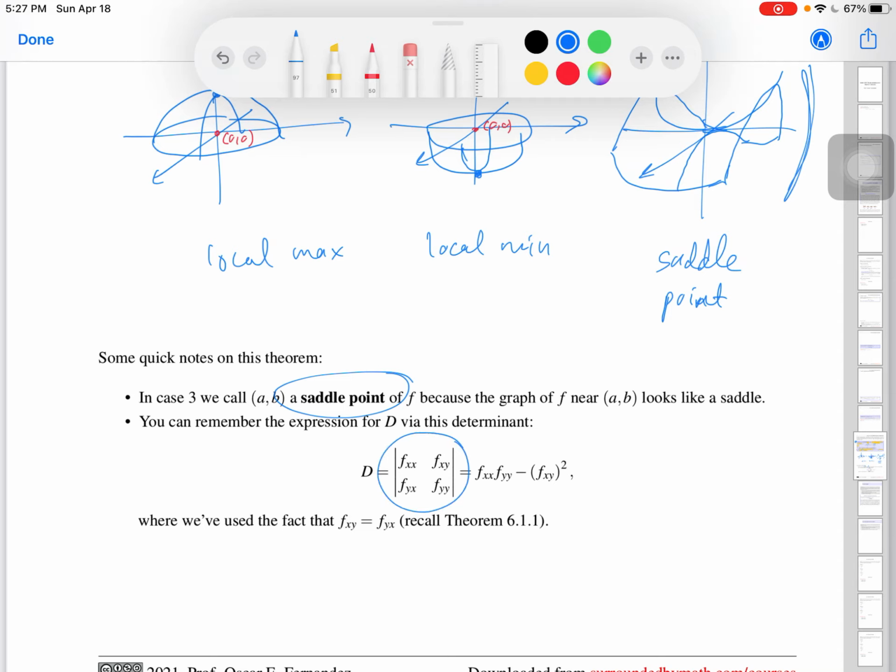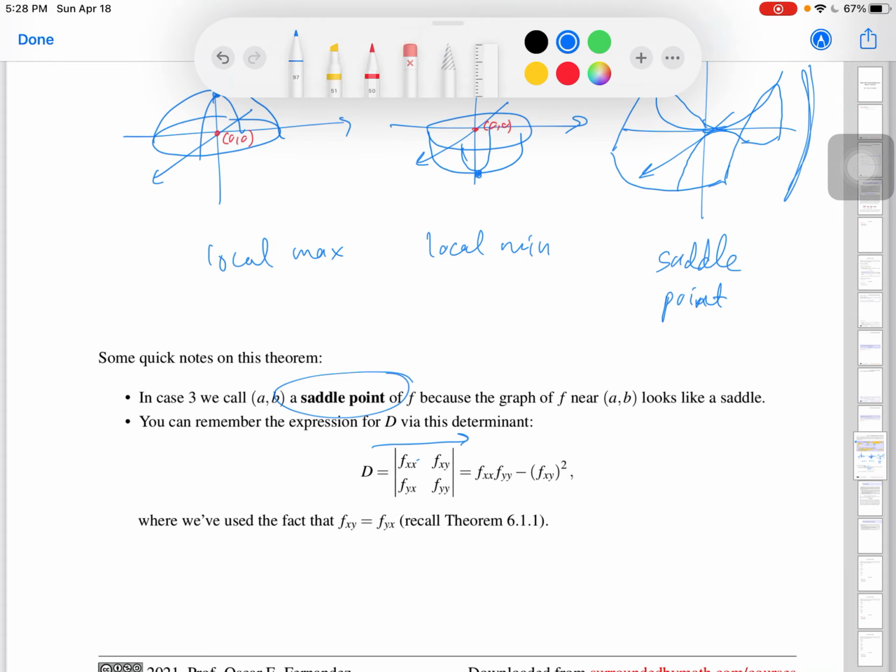So we've talked already about determinants. Determinants of 2 by 2 and 3 by 3 matrices showed up when we talked about cross products. So here is a way to remember D as a determinant. The first row would be second derivatives whose first derivative is f_x, and then do it again with respect to x, and then with respect to y.